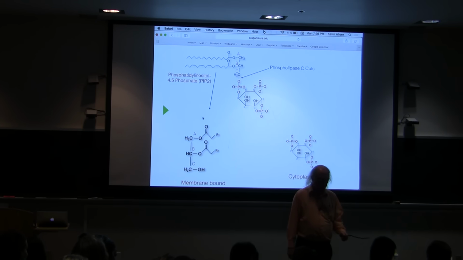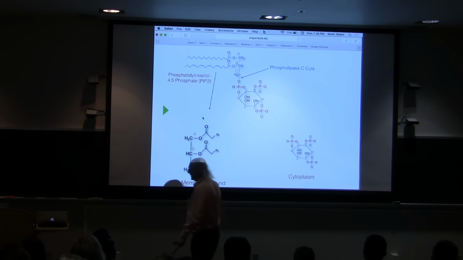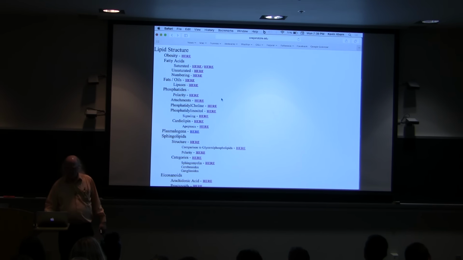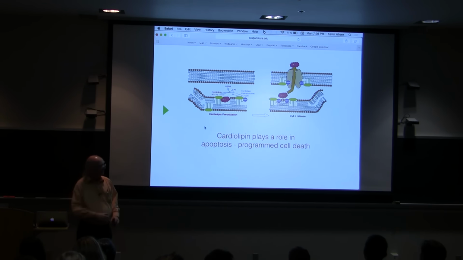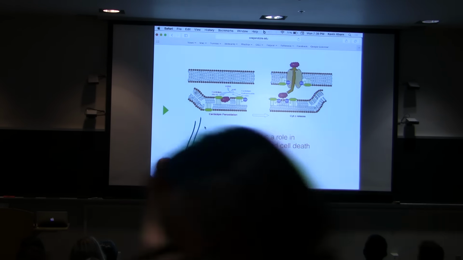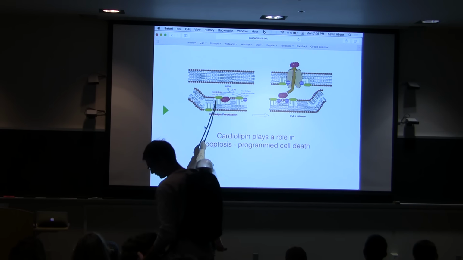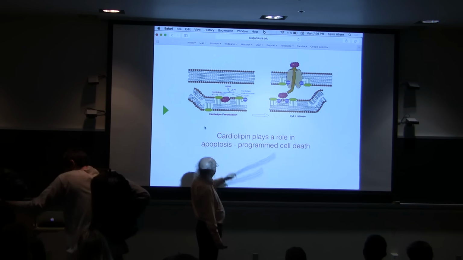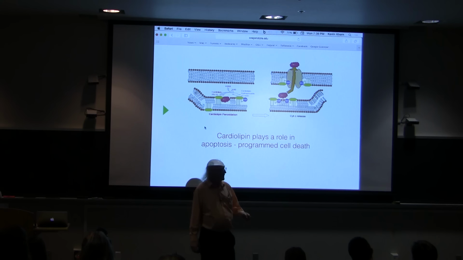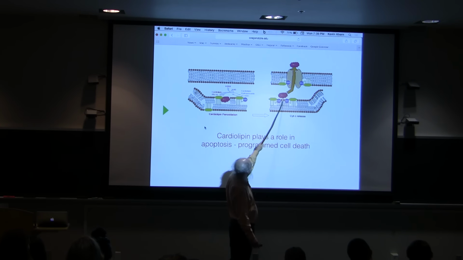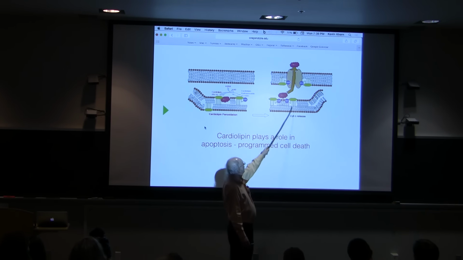Could you explain the relationship between cardiolipin and the inner mitochondrial membrane? Let's take a quick look at that. Cardiolipin, right there. All this is meant to show you is that cardiolipin is associated with cytochrome C. It's in the inner mitochondrial membrane, and when damage occurs, you can see the damage schematically shown right here.